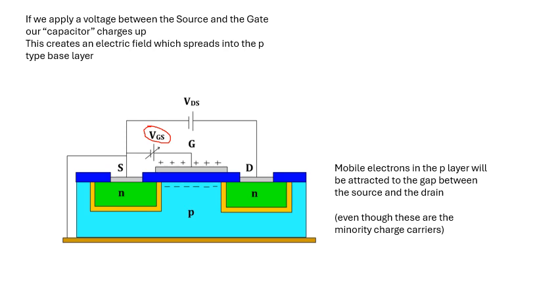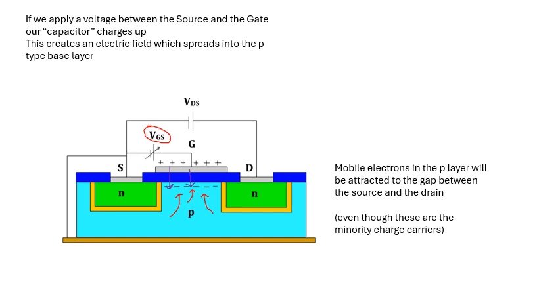The other plate is the P-type material. The top bit becomes positive, and any electrons which happen to be in the P-type material, which we call minority charge carriers, will drift up there. So you'll get your positive, your negative, your little capacitor has charged up, and we will get an electric field.